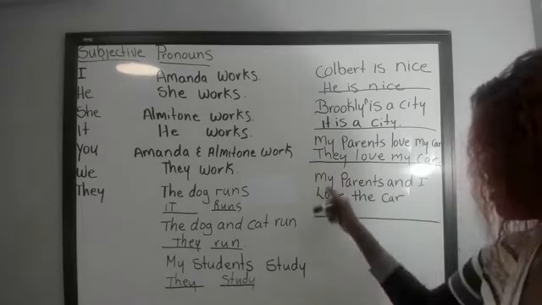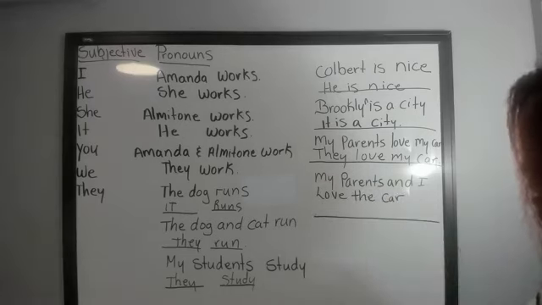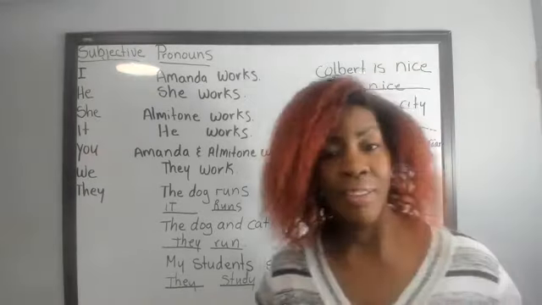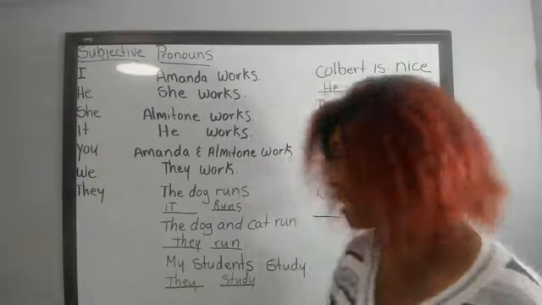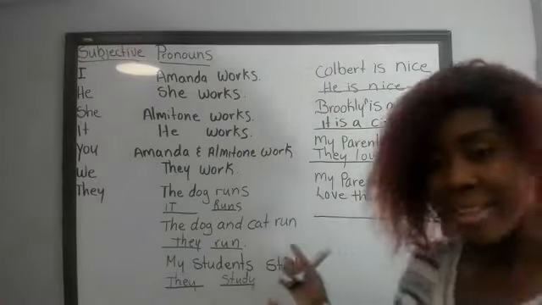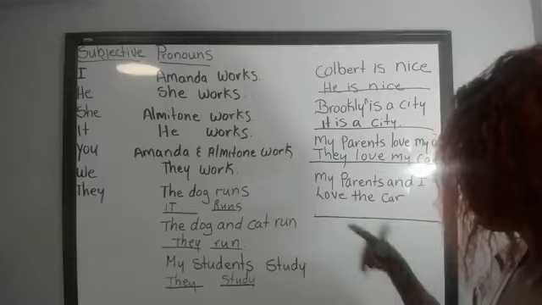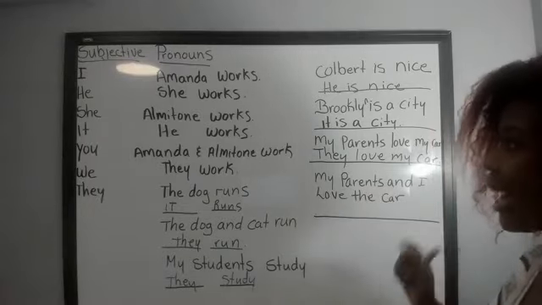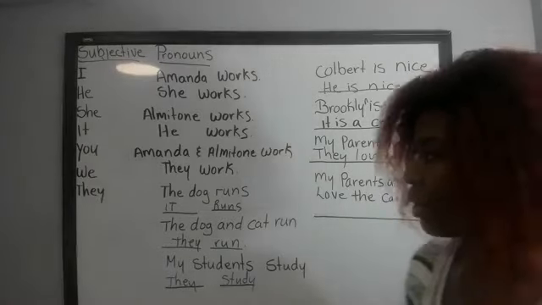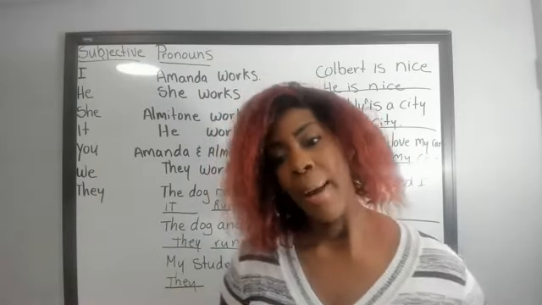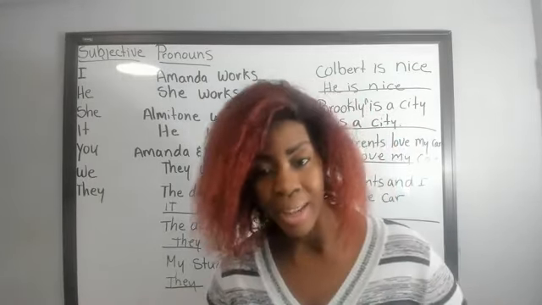Next, we have my parents and I love the car. Now, we're talking about both parents and myself included because I said my parents and I. So remember, we use we when we're talking about ourselves with someone else.